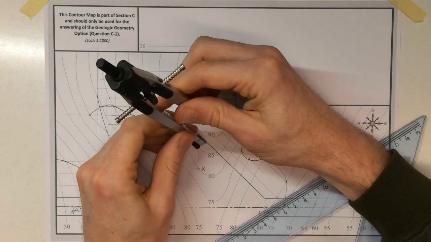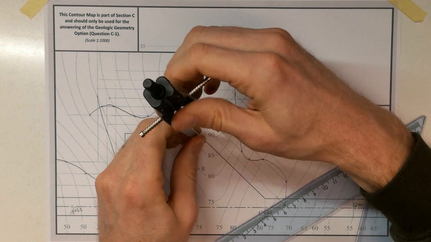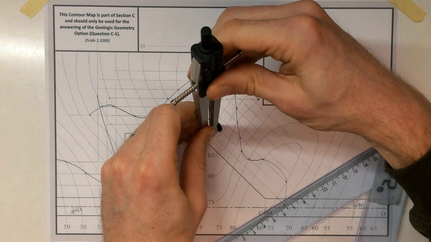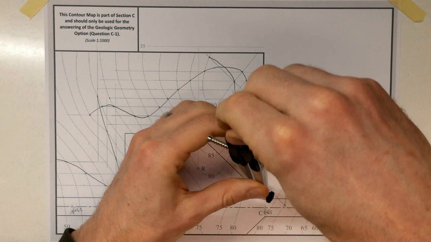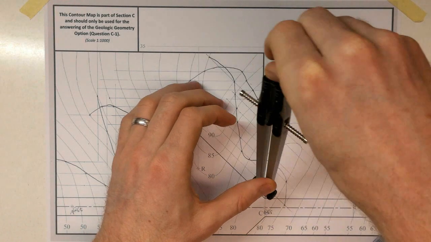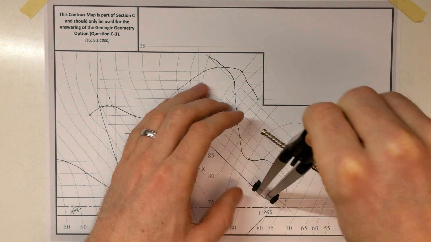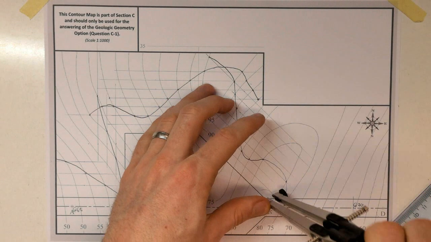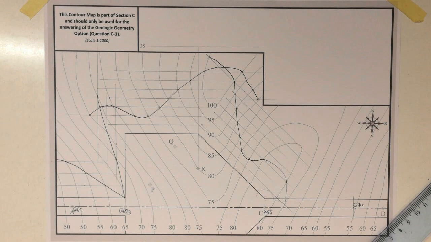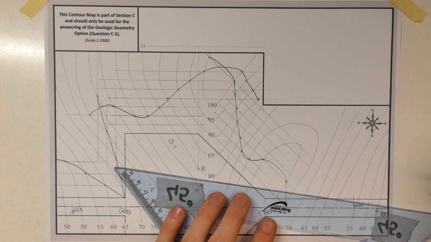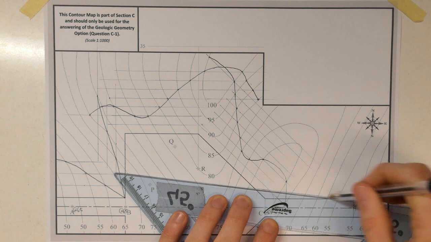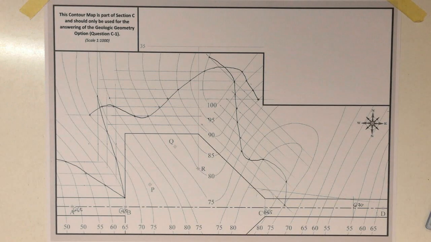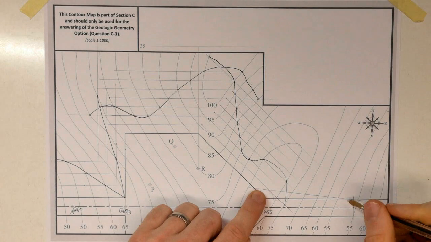I'm just going to use my measurements here to draw that 7.5 distance. So that's my cone. I'm traveling from here to here. Okay, so that now is at a height of 70, that line.